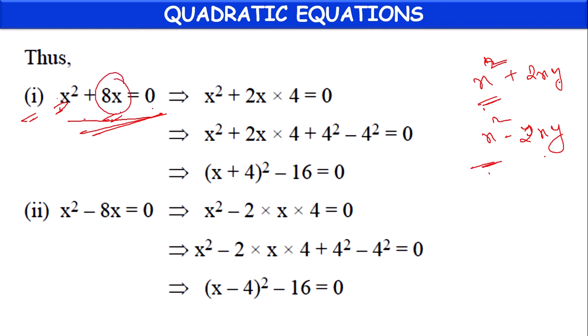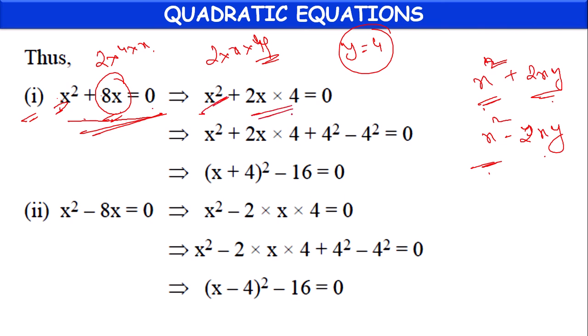But 8x is to be changed as 2xy. We can write 8 as 2 into 4, so 2 into x into 4, so that in the place of y we have 4. So x square plus 2x into 4 equal to 0. Now in the place of y, we have 4.